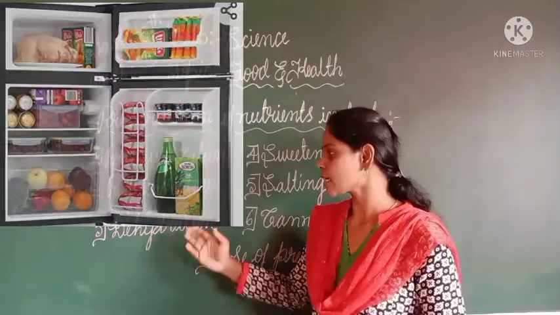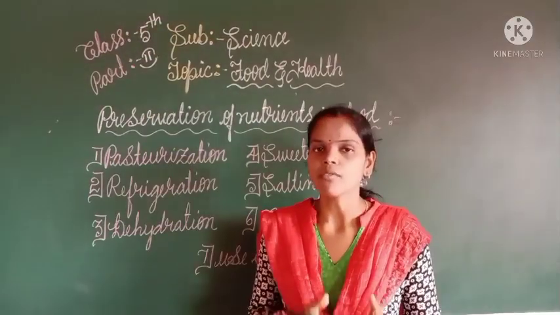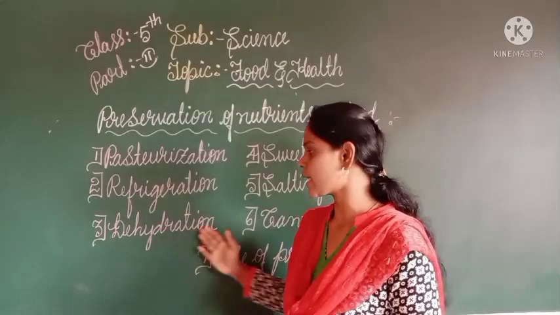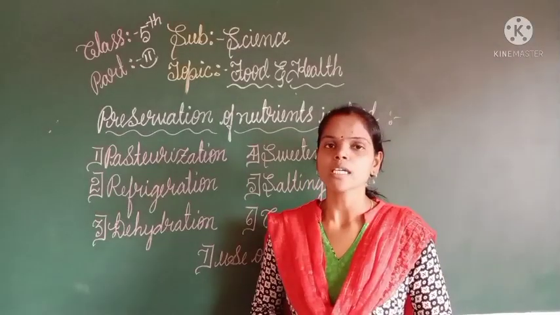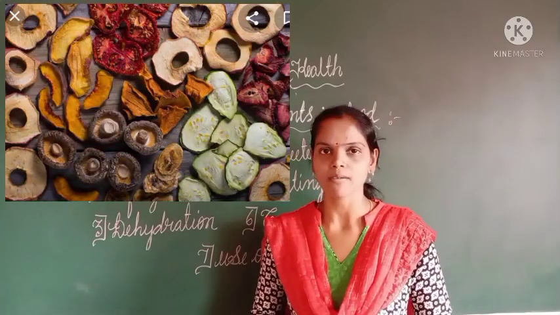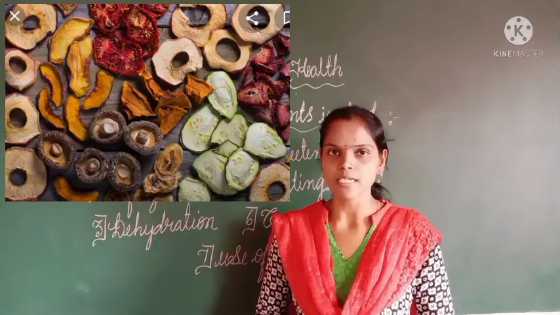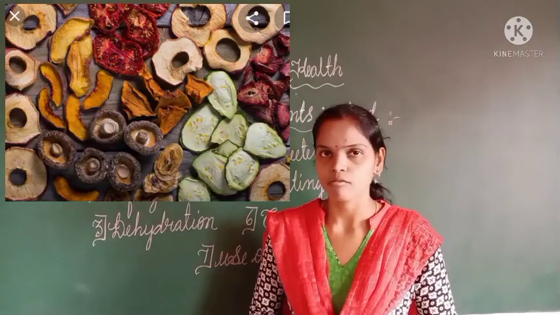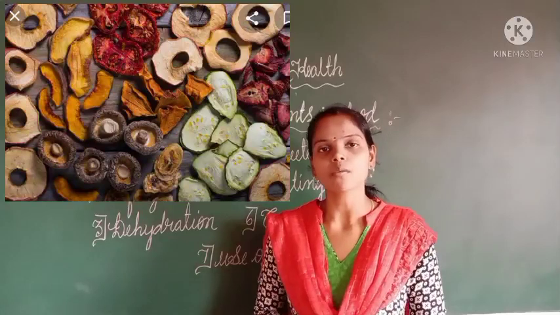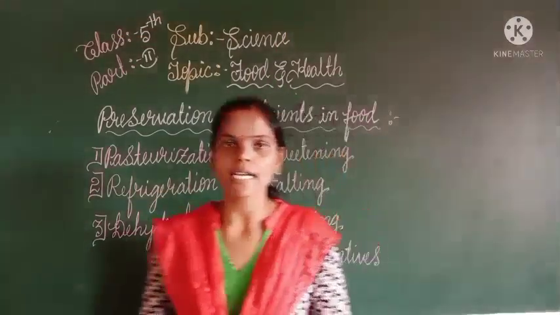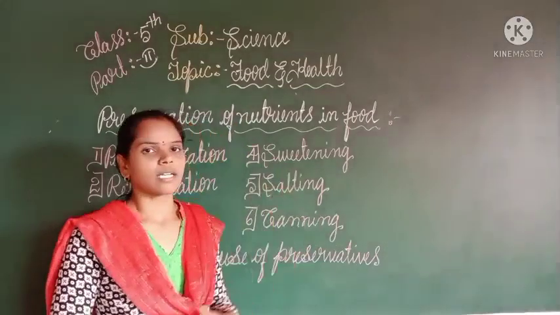Next one is dehydration. The way of removing the water content in food is known as dehydration. Removing the water content is dehydration. For example, pulses and vegetables are food items from which we can remove the water and store them. Next one is sweetening.